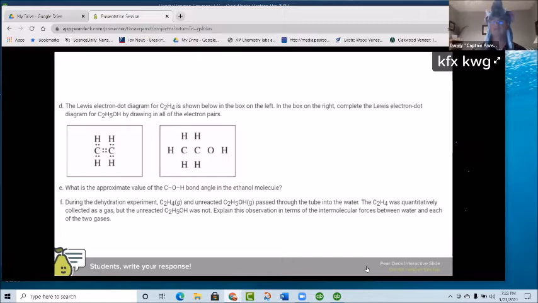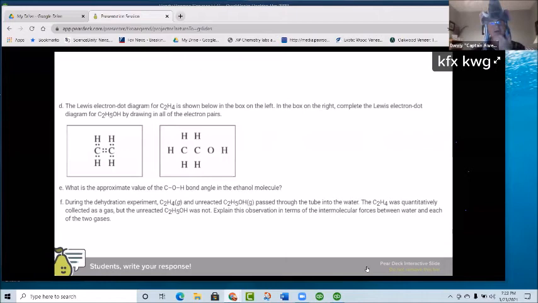And then the C2H5OH, the alcohol, has the ability to hydrogen bond with water, and it has London dispersion forces too, because remember, anything with electrons has London dispersion forces. So you can't say, oh, it's got hydrogen bonds as the only difference.